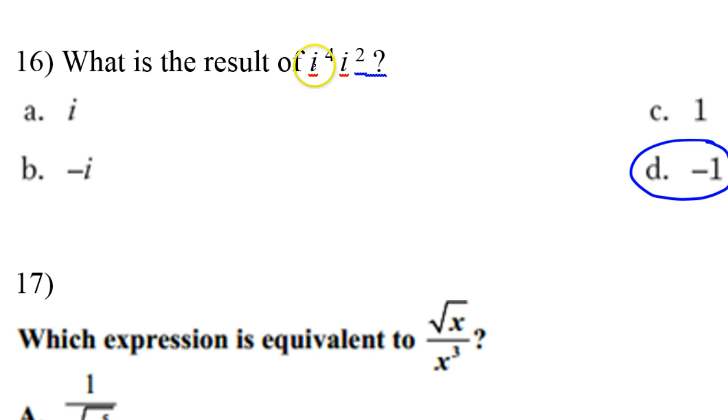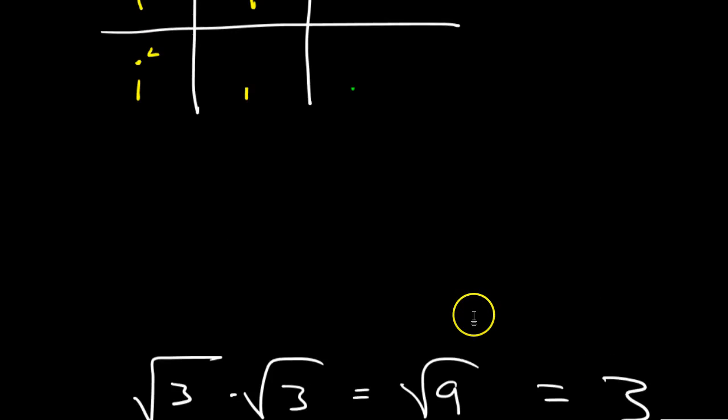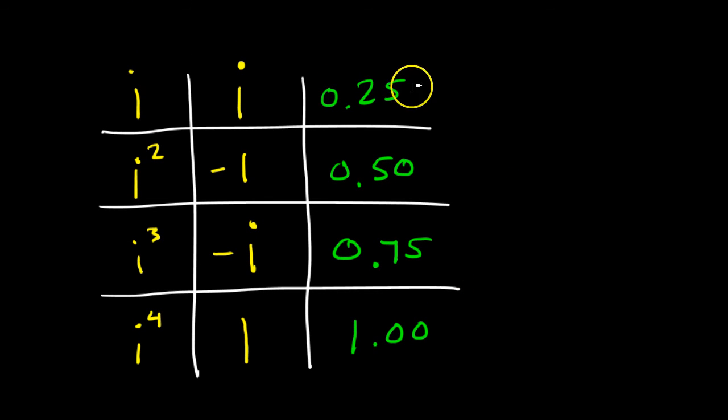In general, if I give you two i parts like this, two factors, you would want to go ahead and multiply these together by adding the power. So this would be the same thing as i to the 6th power. Now if you want to use my little shortcut here, remember this?